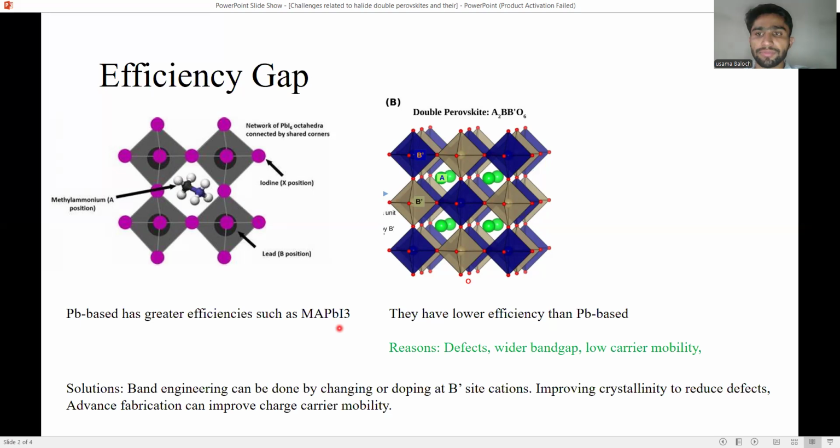Lead is a highly toxic material, and when it is exposed to air it can cause several environmental and health issues, so we have to remove it. For this, researchers and engineers put maximum effort into getting a material that is less toxic so that our environmental concern can be removed.